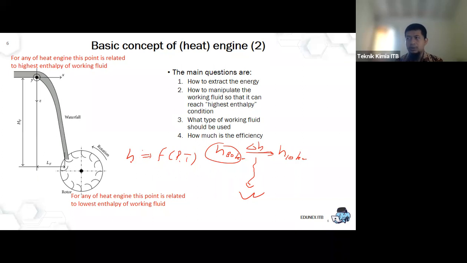Because like I said to you before, we need to optimize our needs. Do you guys still remember the refrigeration cycle? Anyone of you still remember that? It's not a heat engine, but it's a heat pump.